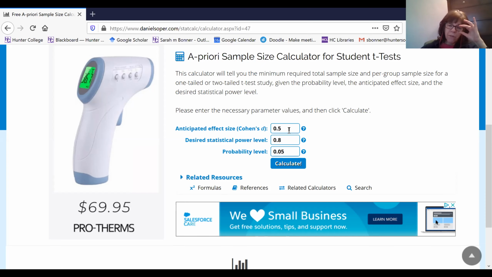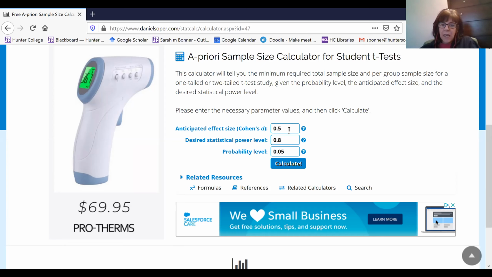What a Cohen's d of 0.5 means is that one group is half a standard deviation different from the other. On the SAT, half a standard deviation is 50 points. So I'm pretty impressed with half a standard deviation. If I can ever get half a standard deviation difference in a study, I'm like, wow, that has a bigger effect than I ever would have thought. So we're going to be satisfied with 0.5.